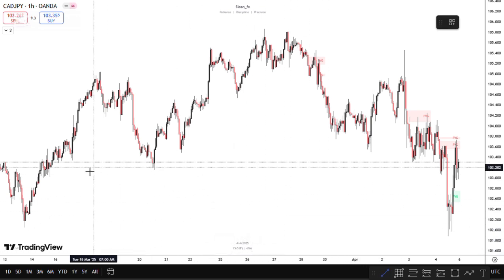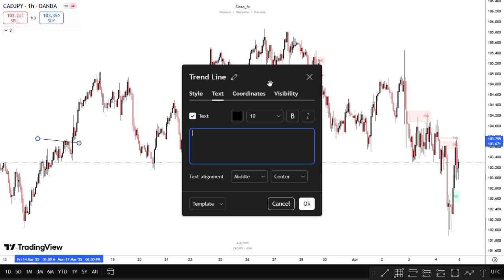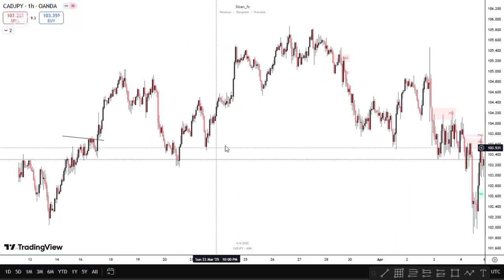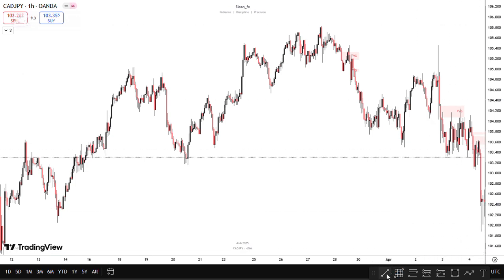We have our first break of structure. There is previous price. Okay, so from previous price here, we have our first break of structure right here.